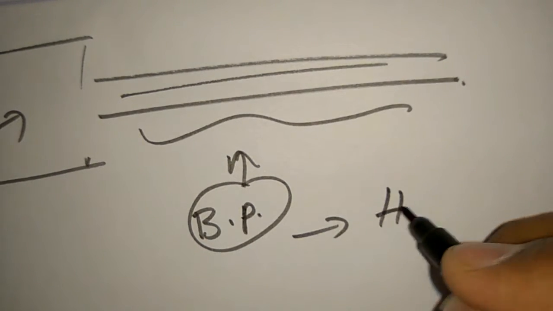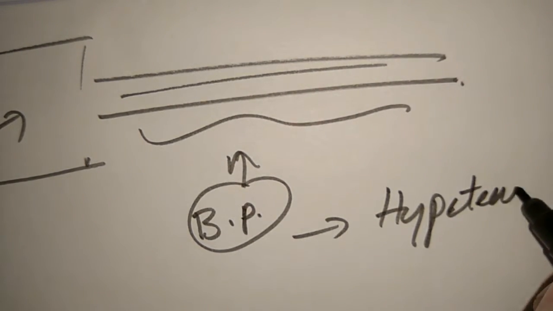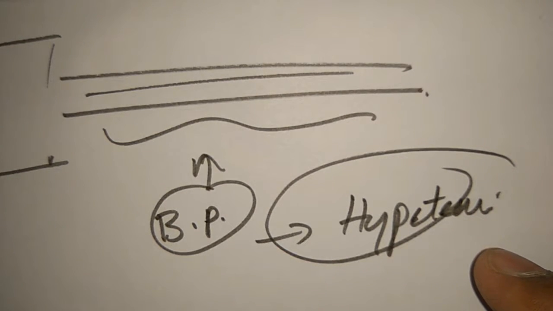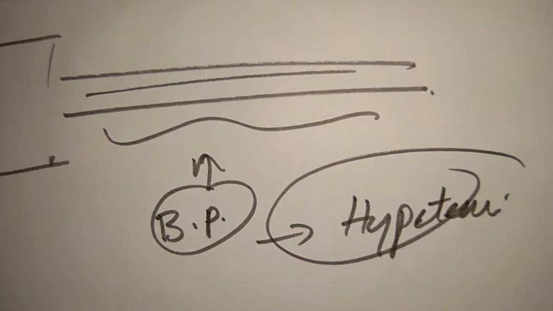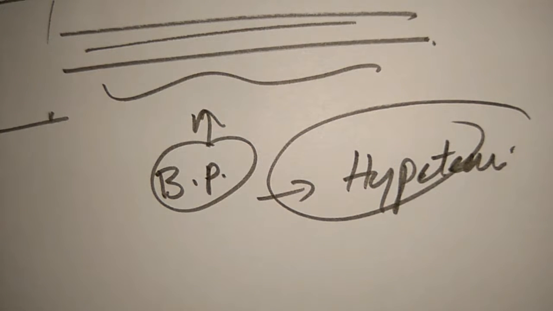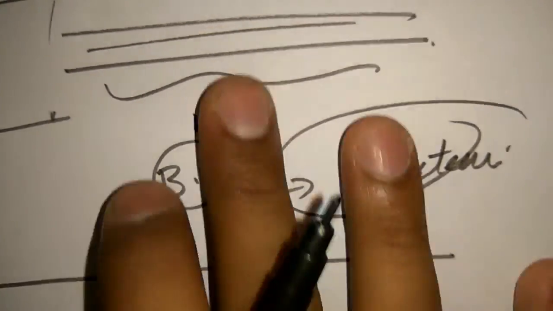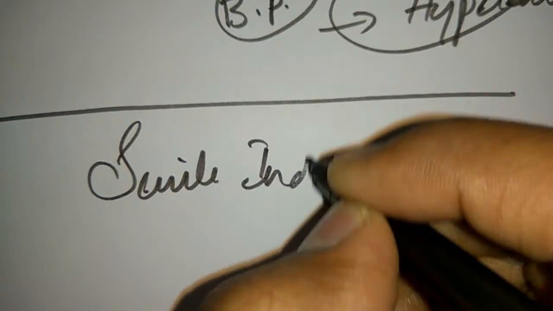So this will lead to hypertension. And this is one of the causes for hypertension, and there are many other causes, which I'm not going into much detail on, right? These occur in senile individuals.